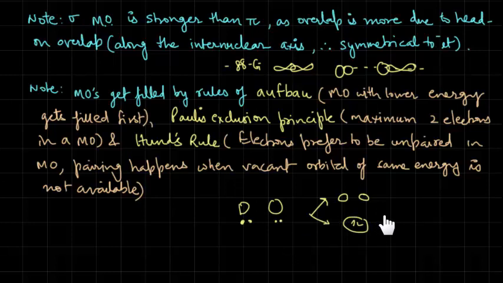This can hold 2 electrons, and this can also hold 2. So these 4 electrons will be filled something like this. When there are only unpaired electrons, one from each atom, then both of them will fill into a bonding molecular orbital.